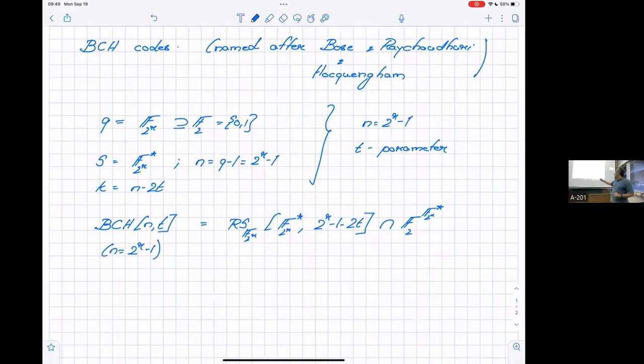This is the parameters of the Reed-Solomon code. This is the field, this is the set of evaluation points, so that is the code length, and this is an upper bound, the degree plus 1. That's how we parameterize Reed-Solomon: the field, the set of evaluation points, and the degree parameter.